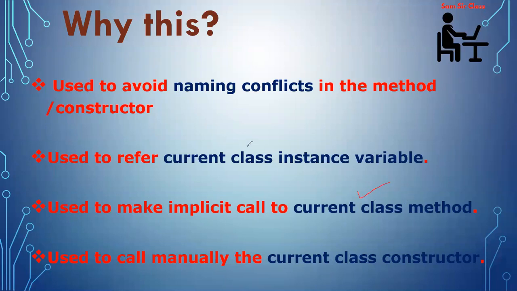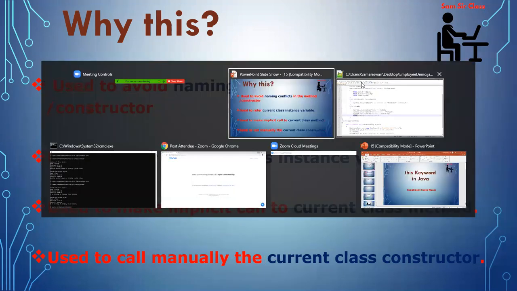Next, one more: the current class instance variable, how it is differentiated, that you have also seen. How to resolve the name conflict by using the this keyword, you have got the solution also. The last one is that I can also call the current class constructor manually. How to do that? Let's see the example.